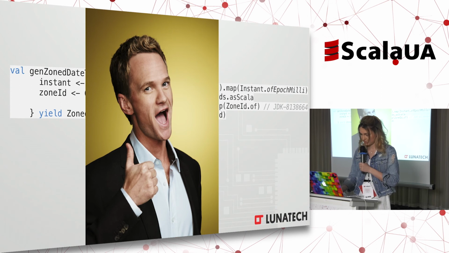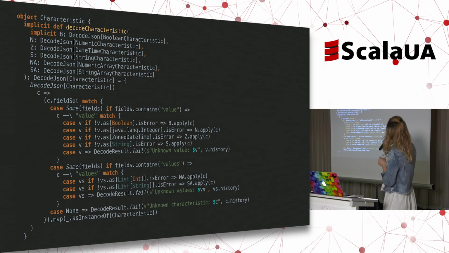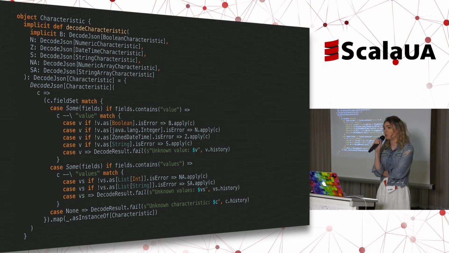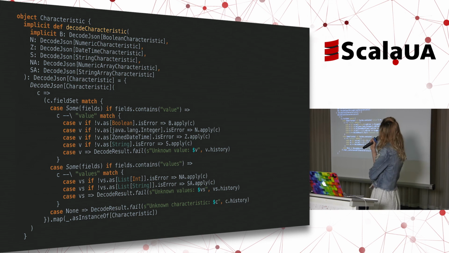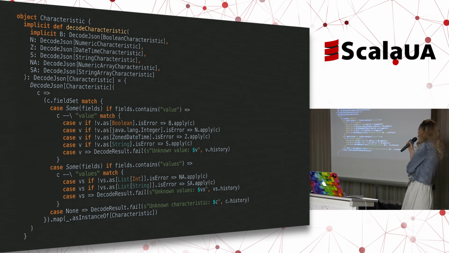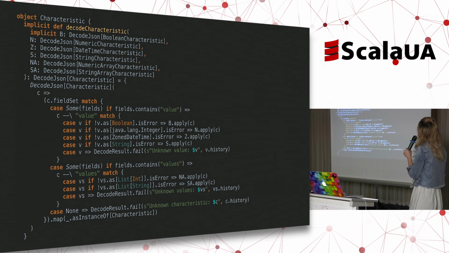And another case. We had a domain object of characteristics, and the only way to see which exact type it was, either Boolean, numeric, datetime, string, numeric array, or string array, was to see what value was inside the value field.